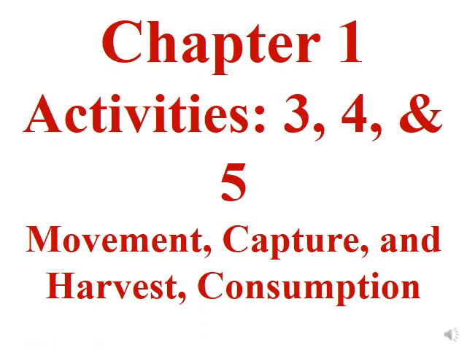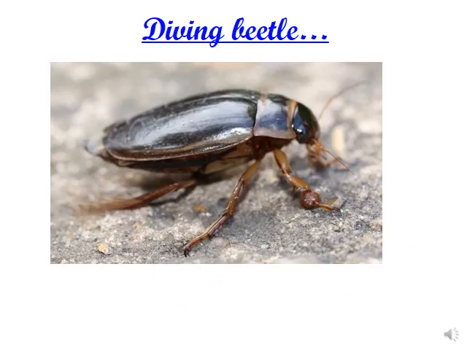Here we move to the movement, the capture, harvesting, and the consumption of food. The diving beetle is known to swim in water, swimming to move toward the prey. The tool that is used to capture or to harvest the prey is the legs.